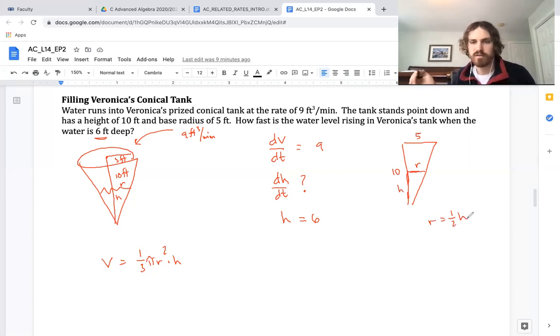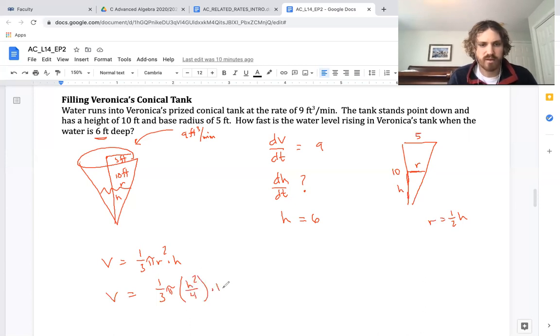No matter where you are in this cone, the dimensions don't change, or the ratio of the dimensions doesn't change. So R should be 1/2 of H, and that's always true. So we can plug that in here and get V equal to 1/3 pi times R squared, but we're going to write H squared over 4 times H, right?